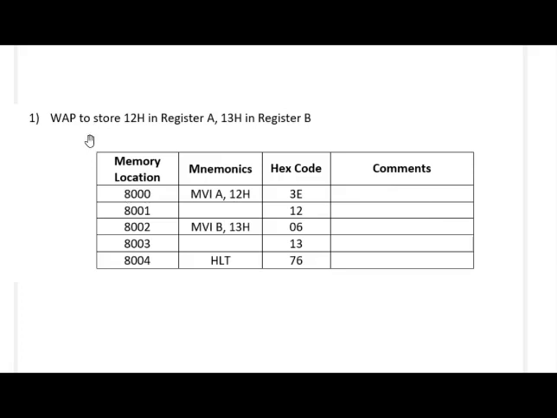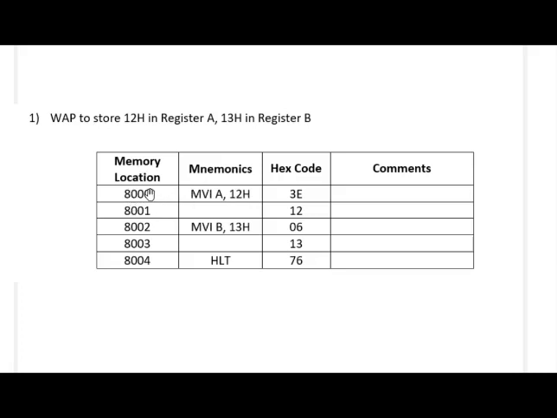This program wants to store 12H in register A, 13H in register B. The instruction to store 12H in register A is MVI A. This is the first instruction. Now this MVI A is 2 bytes, so we leave one gap. We are starting the memory location from 8000.